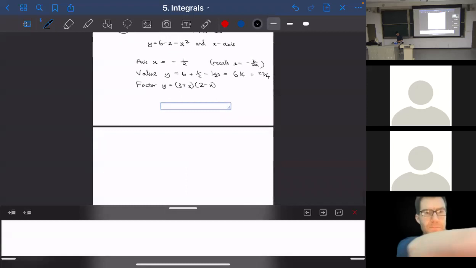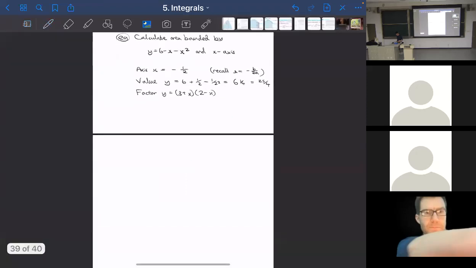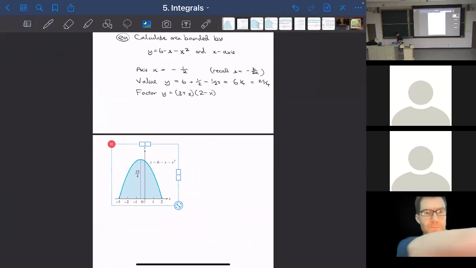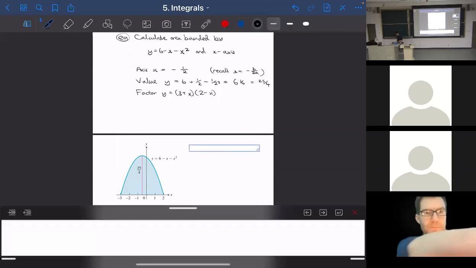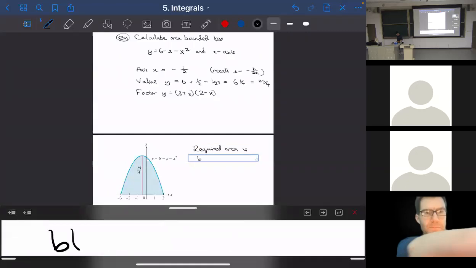And let's do that down here, or take the graph from the book like this. So we're asked for the area bounded by the curve and x-axis. So the required area is the blue region.